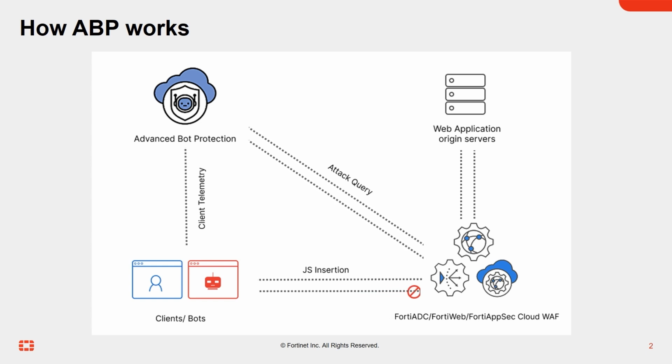WAF, FortiWeb, or FortiADC injects a JavaScript snippet into HTTP or HTTPS responses to collect telemetry data such as IP, headers, and device fingerprints. This data is analyzed by the ABP engine using deep learning to determine whether the client is human or a bot. Based on the result, ABP instructs WAF, FortiWeb, or FortiADC to take appropriate actions such as block, CAPTCHA, or allow.